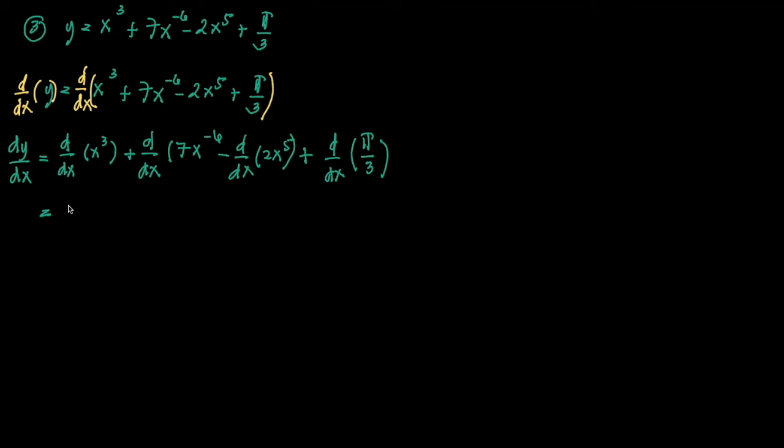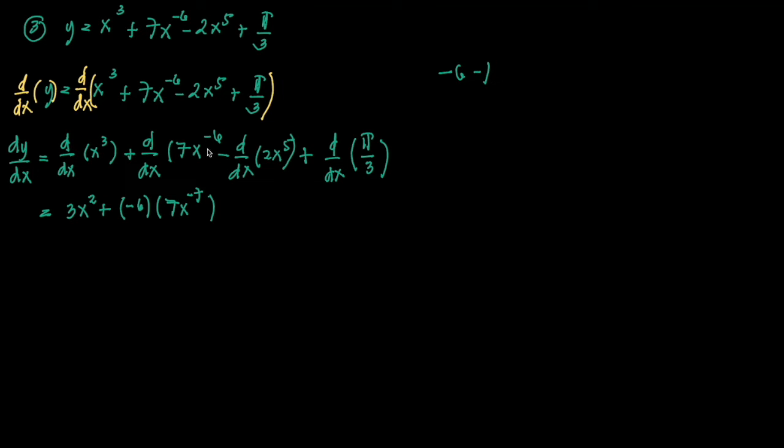We bring down 3, we copy x, and we subtract 1 from the exponent. This would become 2. Okay, the next term plus the negative 6, we will multiply negative 6 here. We bring down this times 7x raised to negative 6 minus 1. So negative 6 minus 1, this is now equal to negative 7.